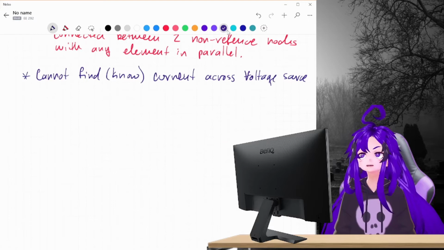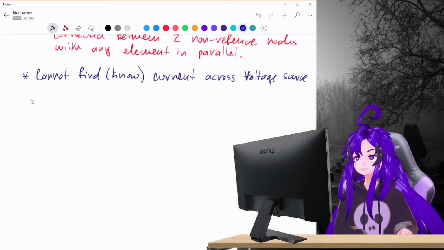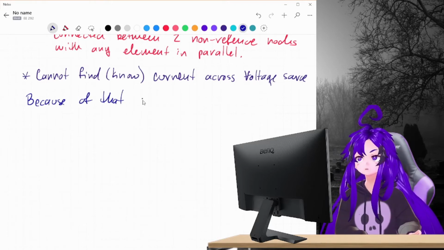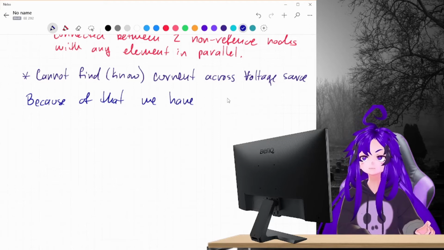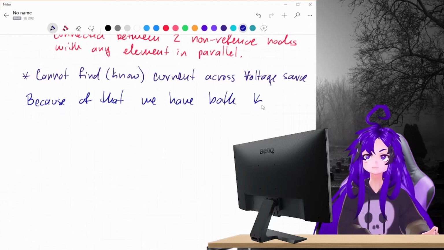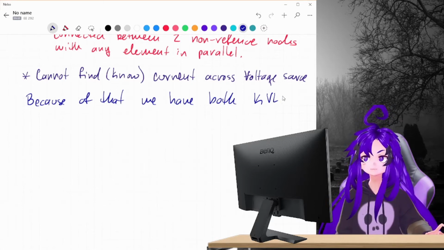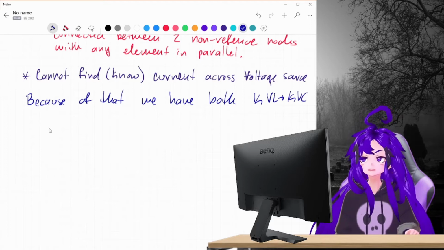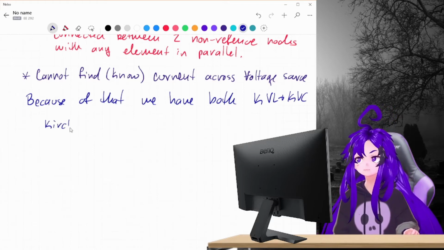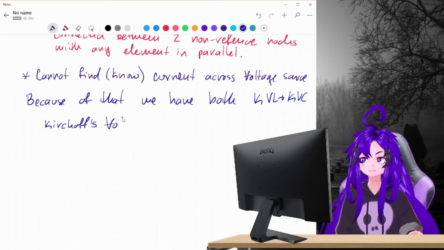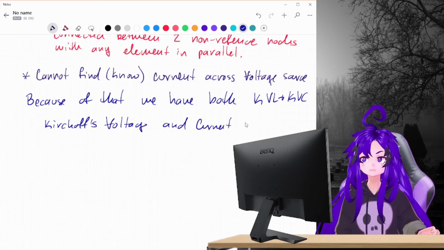So we have to use both KVL and KCL. These are Kirchhoff's voltage and current laws.